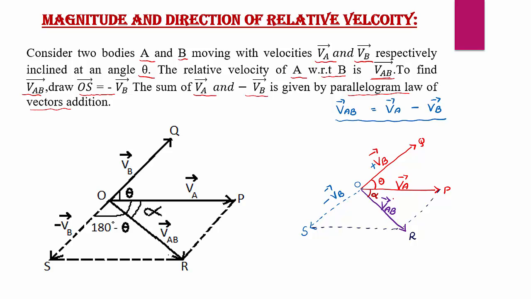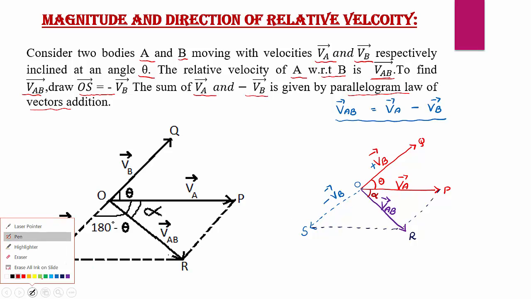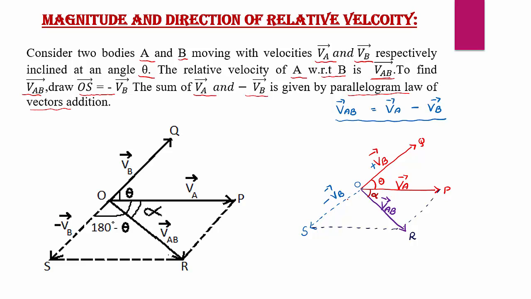Then what is the angle between vector VA and vector VB? It is theta. But here we considered VA and minus VB. So now tell me what is the angle between vector VA and minus VB. We know that the total angle is how much?